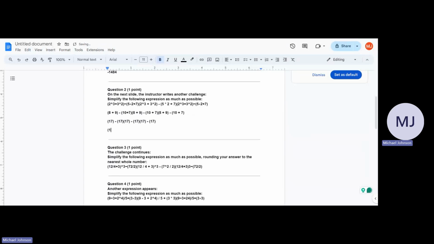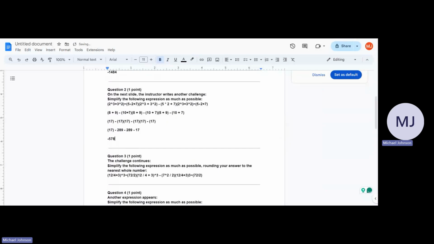So 17 times 17 is 289. So you get minus 289, minus 17. So what you would do here, 17 minus 289 minus 17 will be negative 578. So that would become negative 578 as the answer here.